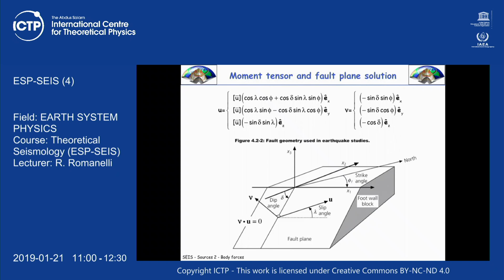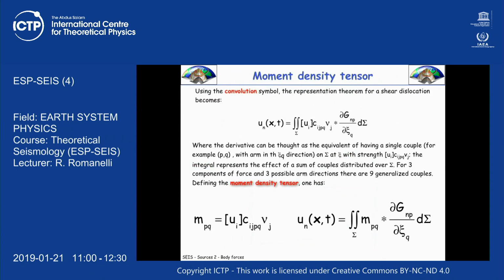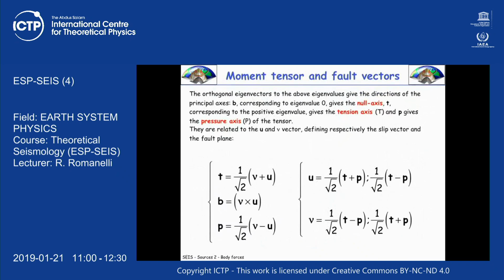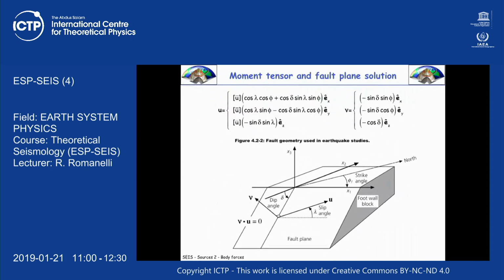It's this. We have a foot wall and an hanging wall that is moving. We have a slip vector.